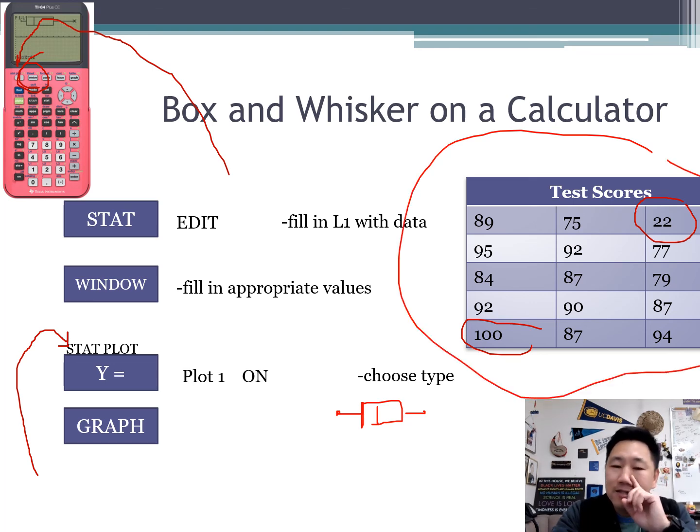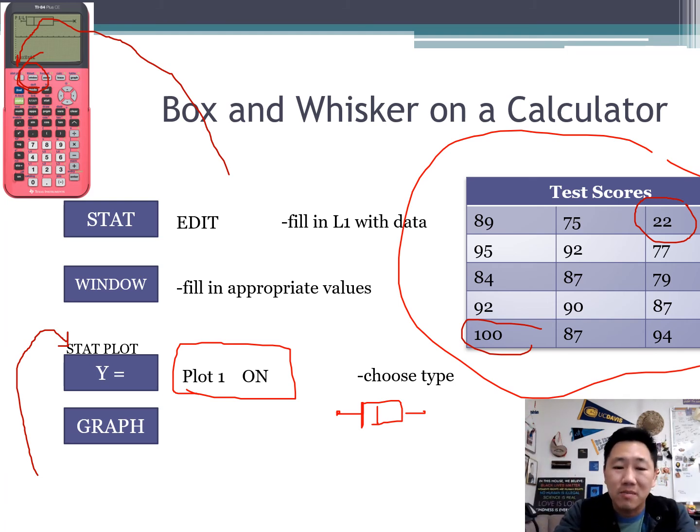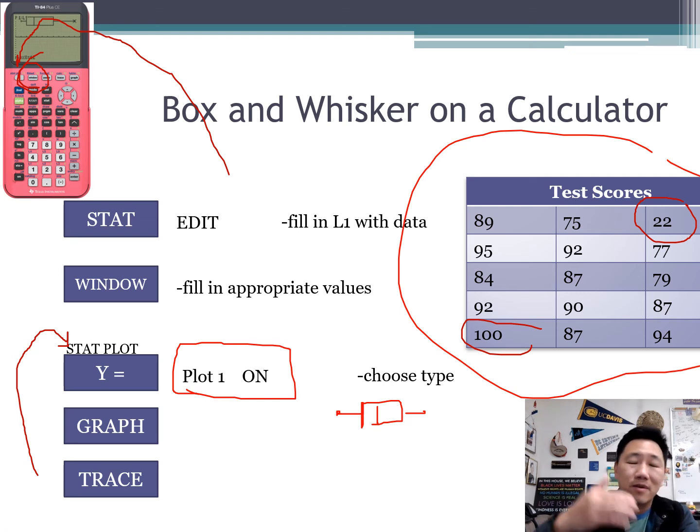Now the one thing is, when we do regular graphs in Algebra 1 and Algebra 2, when plot 1 is on, it doesn't graph the straight lines. So when you're graphing regular straight lines, make sure plot 1 is off for future reference. You can also find the lowest number, the highest number, the median, the lower quartile, and the upper quartile if you use the trace button.